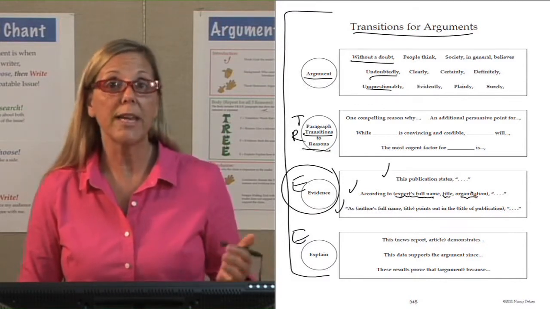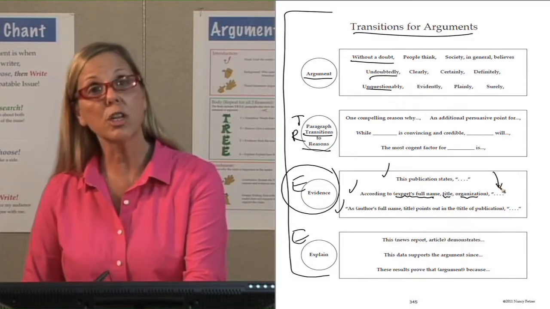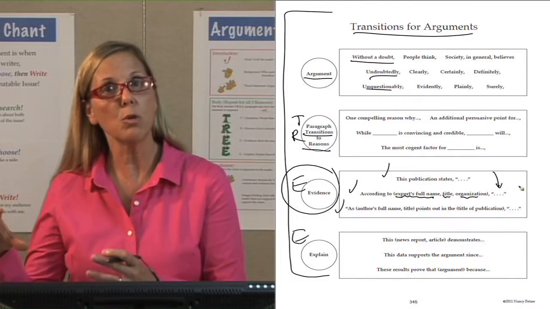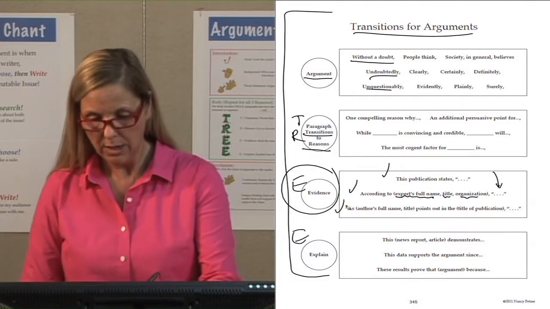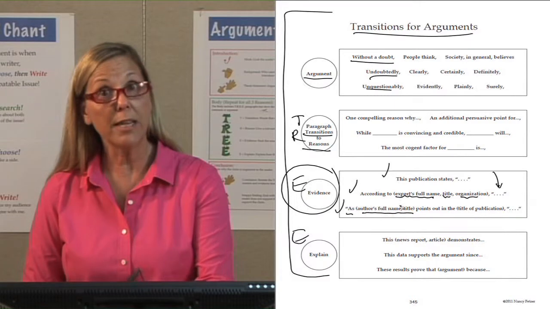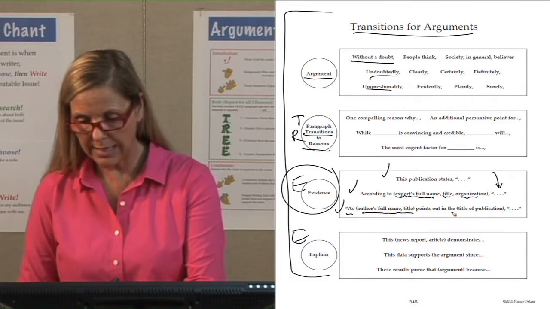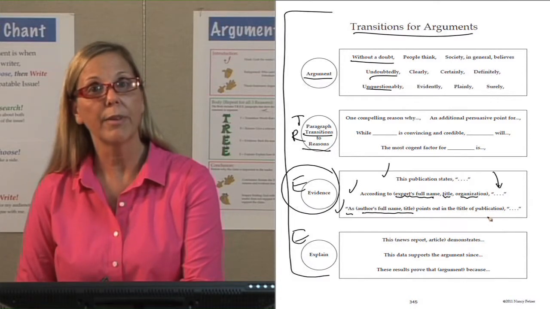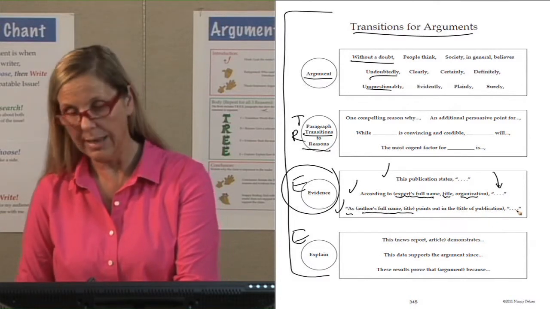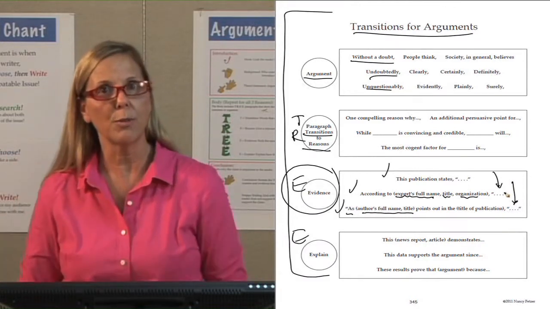According to John Smith, the president of Sailboats Forever, then you have in your quotations the direct information that you pulled from that source. Also, as, and then the author's full name and title, as John Smith, president of Sailors Forever, points out in the, and then the title of the publication. In Sailing to Adventure, and then you're putting in your quotations the direct information that you're pulling from your text.